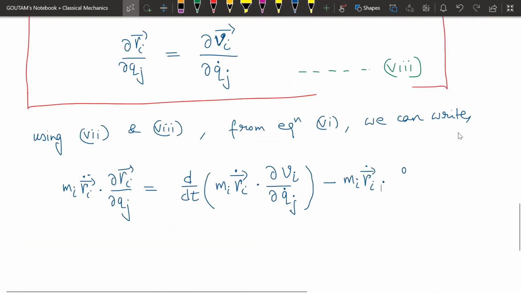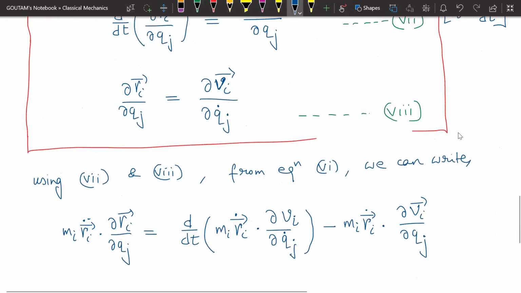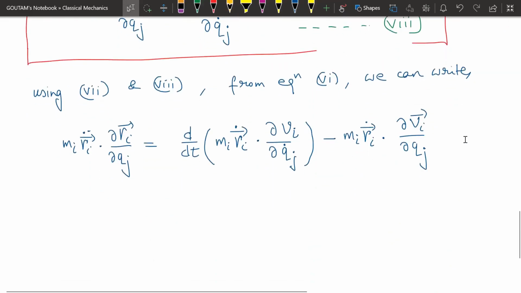Now ri dot means dri dt, which is basically vi.